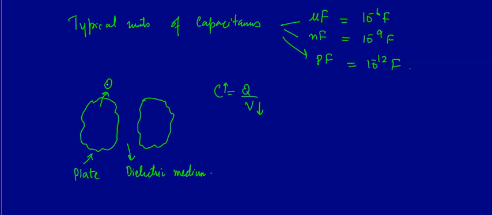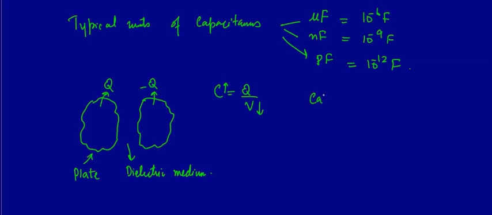We give this conductor plus Q charge, and we bring another conductor near it having an equal but opposite charge, minus Q. This way the potential difference between these two conductors decreases and the capacitance increases. And for a very small set of conductors, we could achieve a very large capacitance. Thus this arrangement is called a capacitor.